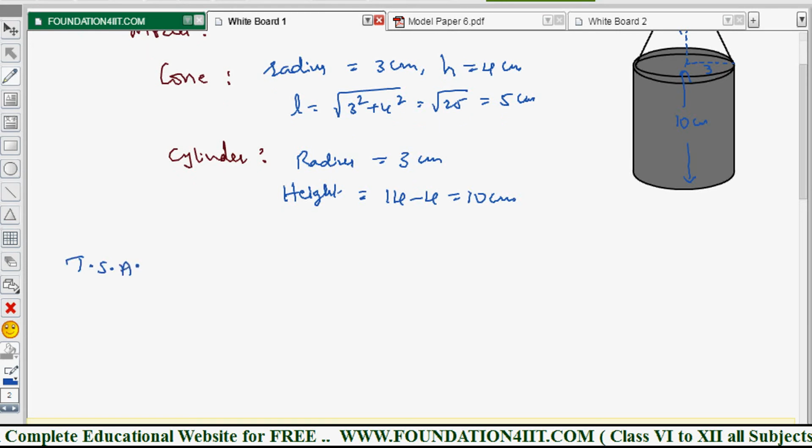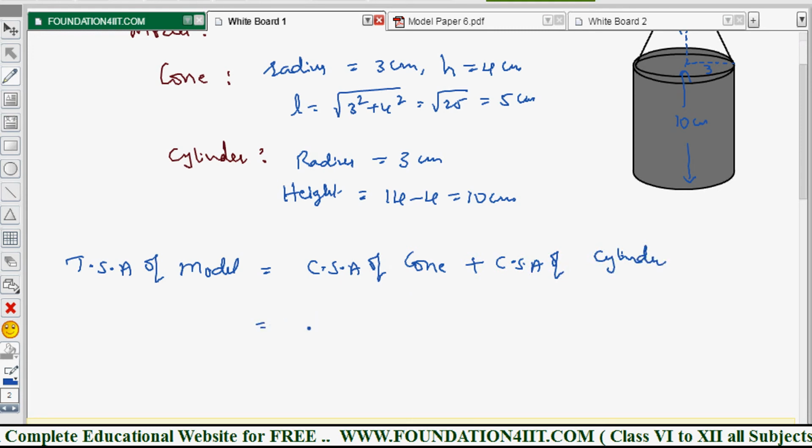If you want the total surface area of the model, we need to find out CSA of the cone plus CSA of the cylinder. Adding both, you will get the total surface area of the model.